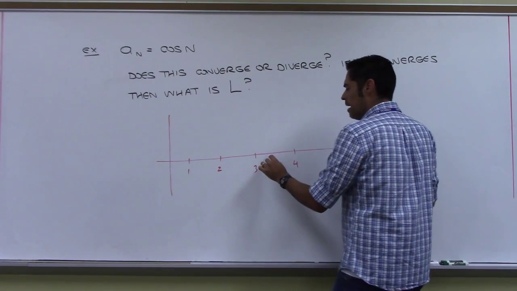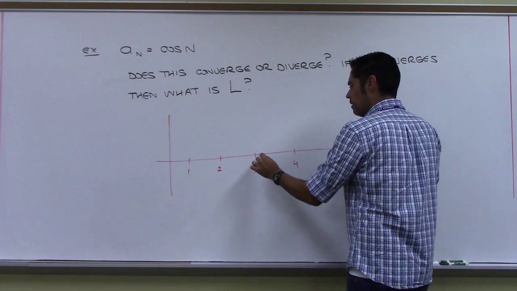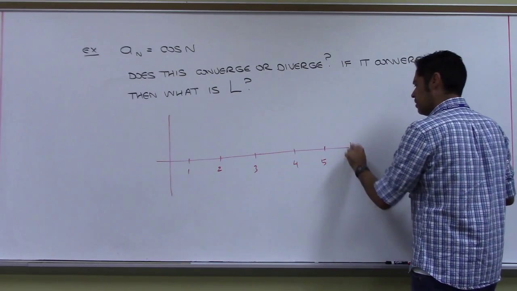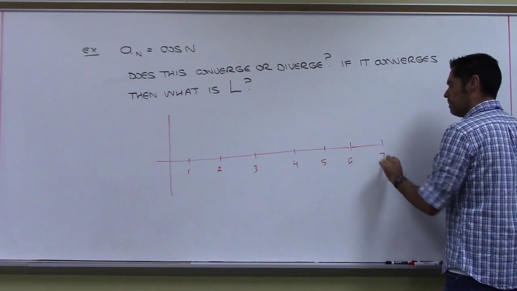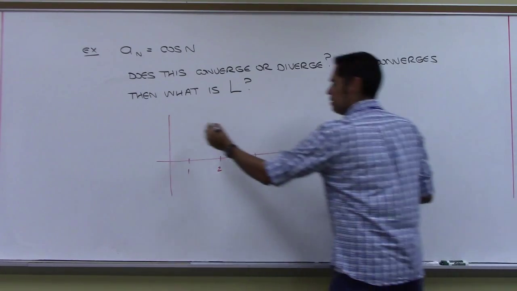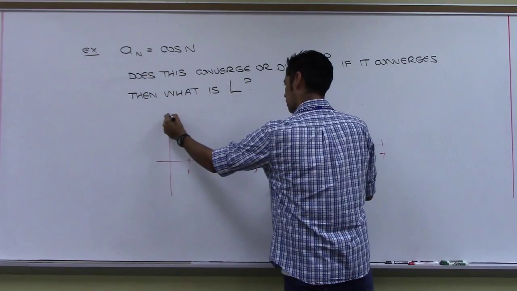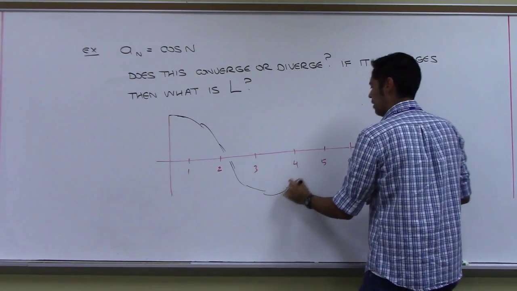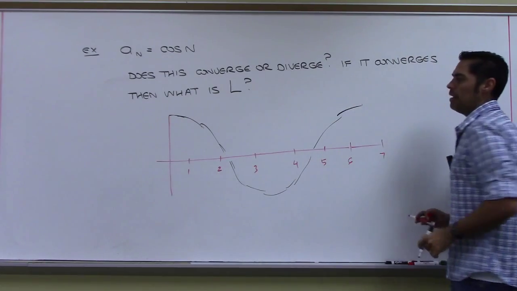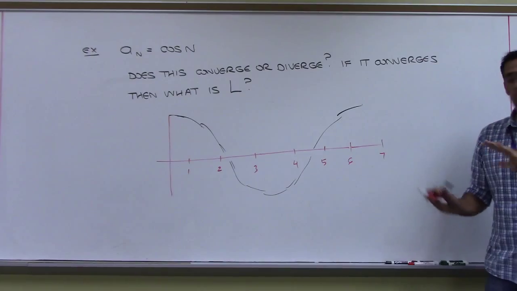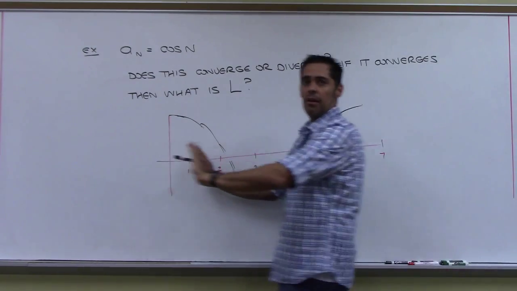Cosine, let's see, pi is about 3.14. 2 pi is about what? 6 point something? 28. So we know that a cosine curve looks something like this. Excuse me if it's not perfect, okay? That's what a cosine curve looks like if we look at cosine as a function of x, where we're allowed to take every value in between here, right?